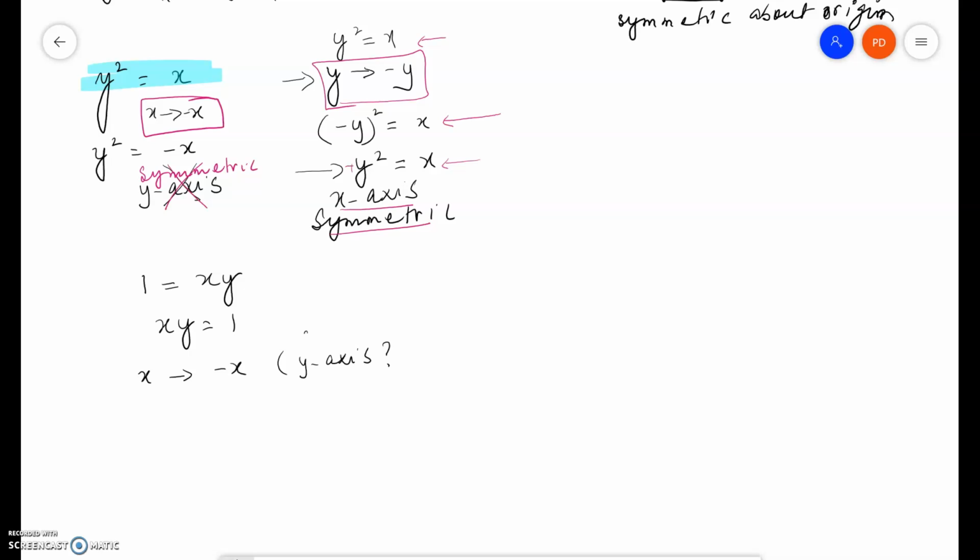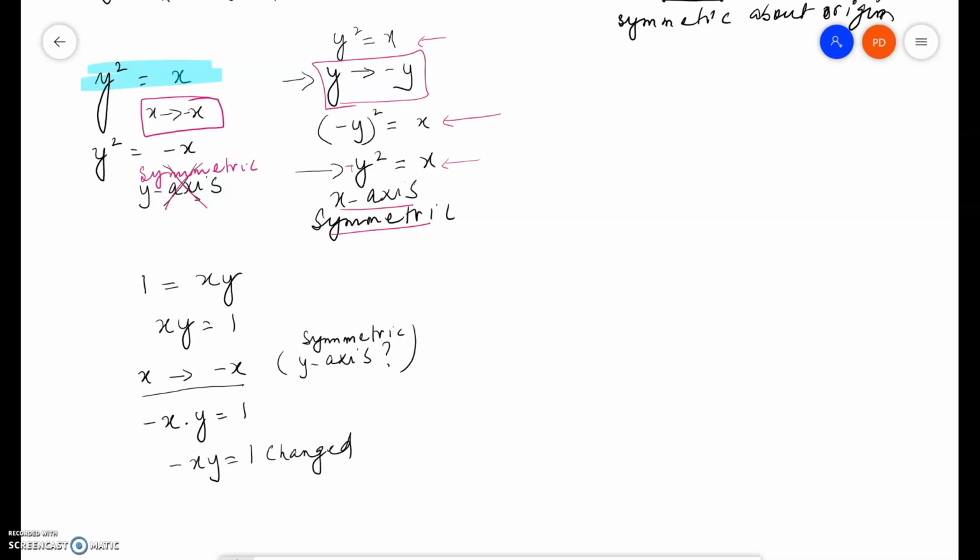We replace x with negative x. The y remains unchanged, so we're only changing the x. So this gives us negative xy equals 1. So the equation has changed, which tells us that it is not symmetric about the y-axis.